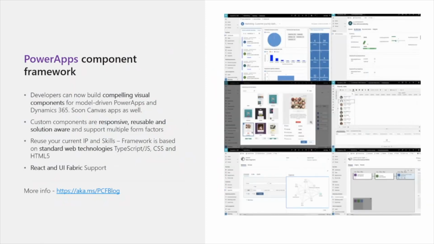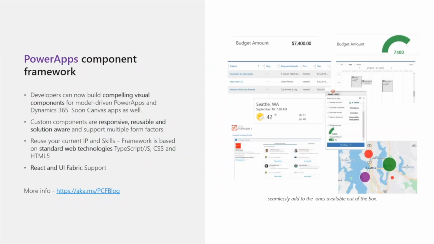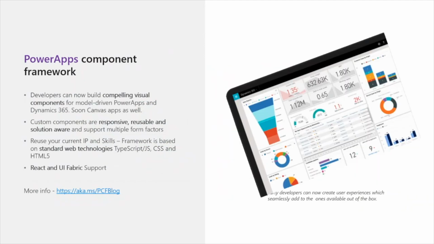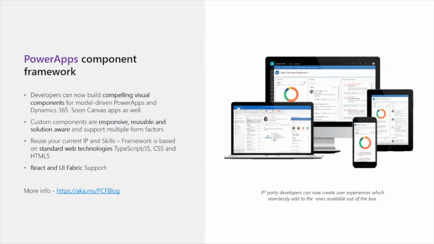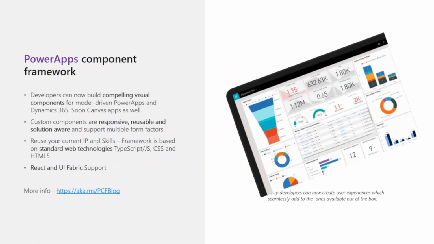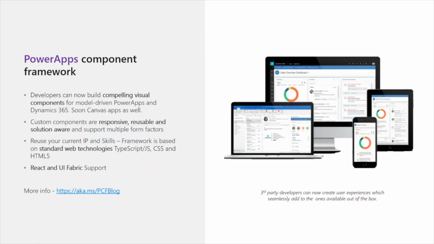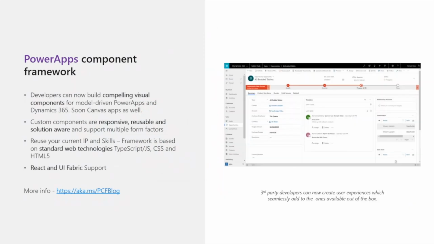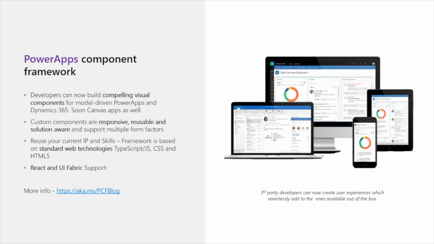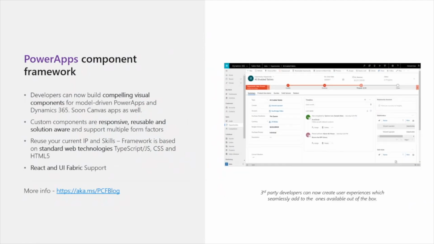They support multiple form factors, and you don't need to learn any new technologies if your developers are already knowledgeable in standard web technologies such as TypeScript, JavaScript, CSS, and HTML5. So if you have those skills, you could literally be building custom components right away, out of the box, to offer that rich visualization within your model-driven apps.